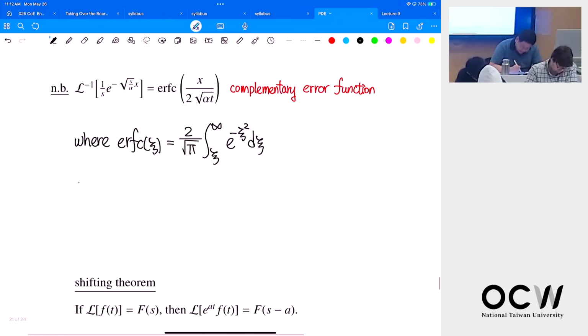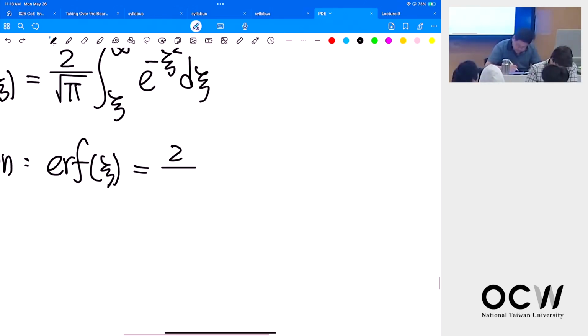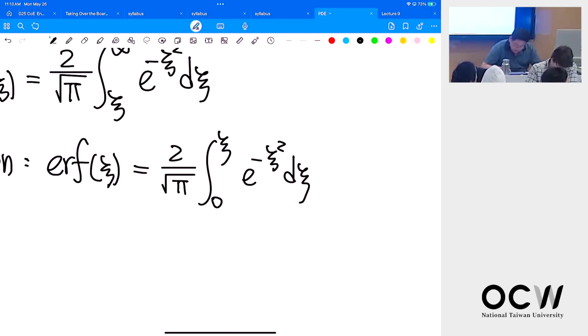And then for the error function, say erf, that's 2 over square root of pi, integral from 0 to c of e to the minus c squared dc.